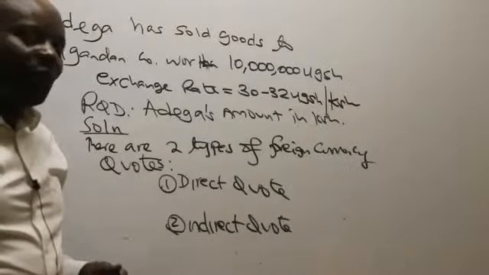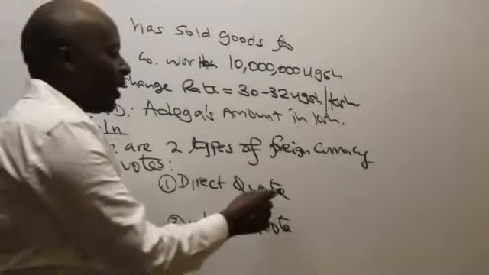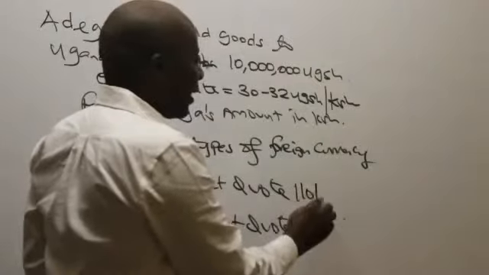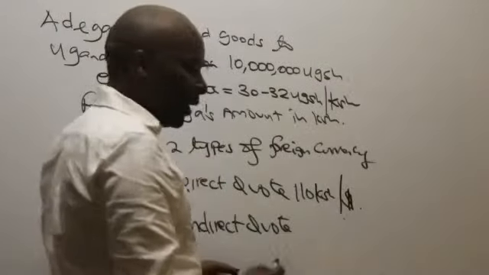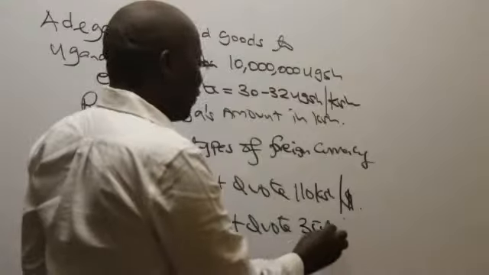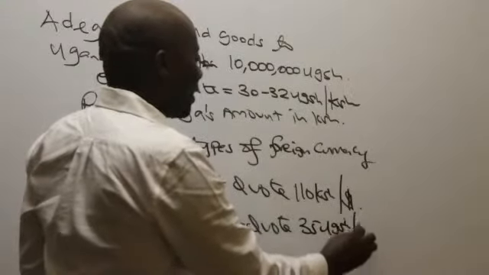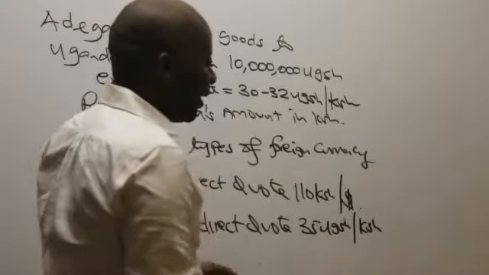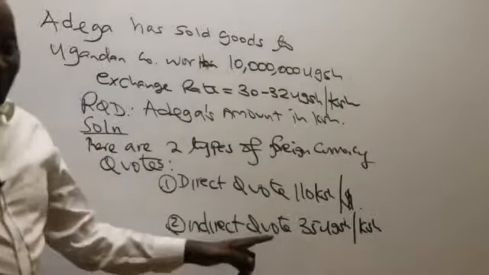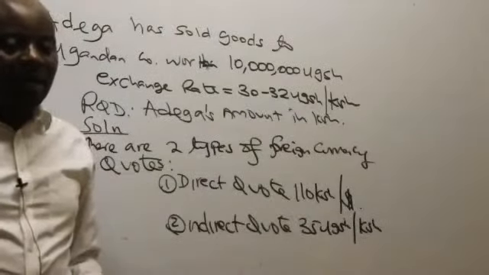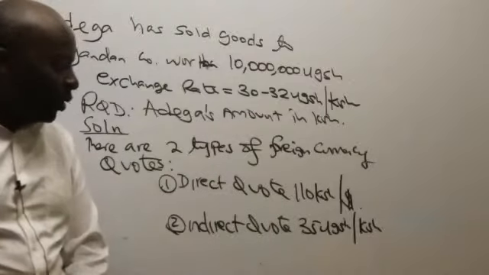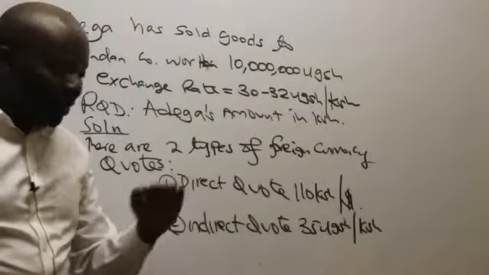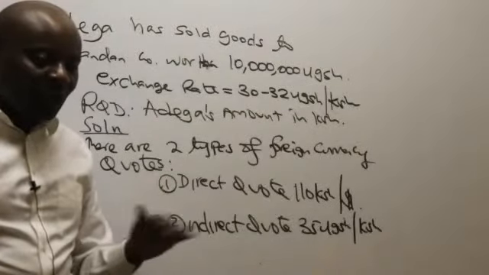What is a direct quote? A direct quote is like 110 Kenya shillings per dollar. But if you find it written 35 Uganda shillings per Kenya shilling, this is indirect. Looking at these two, if you were to differentiate between the two quotes in your simple language, which statement will you write down?